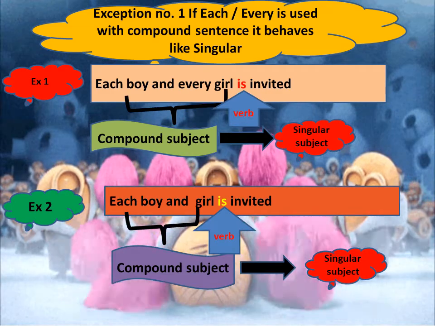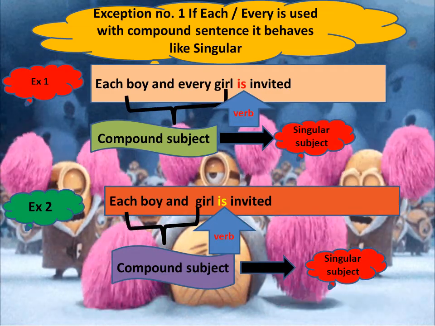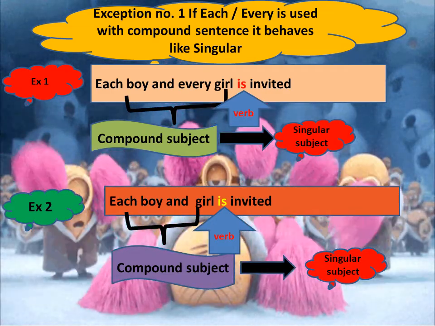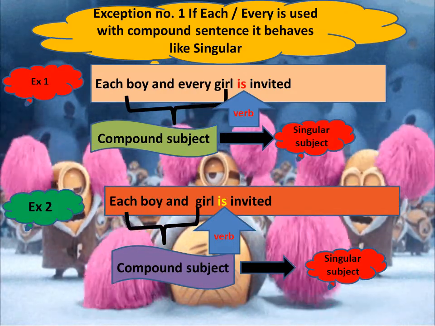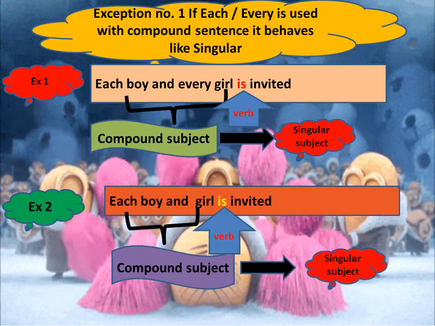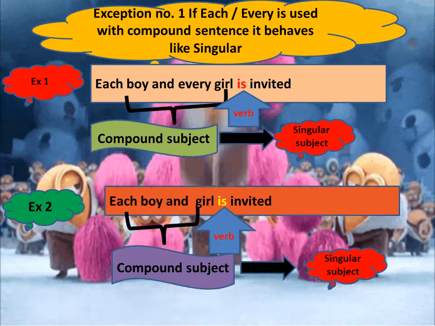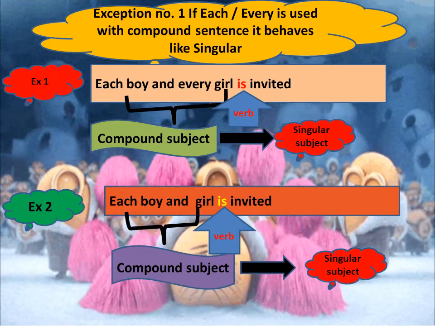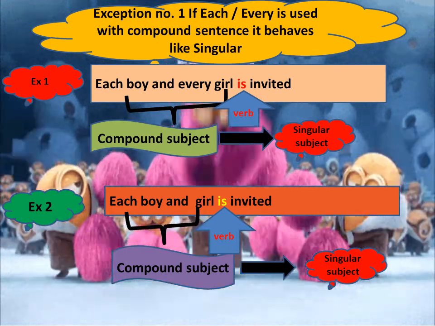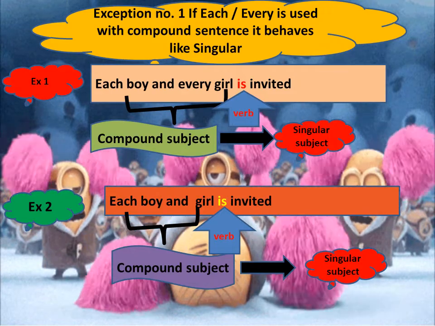So when each or every is added to a compound subject, it acts as a singular subject. So the verb along with it will always be a singular verb. So we will not use are here, we will use is. Got it? You have to keep it in mind because it is an exception.